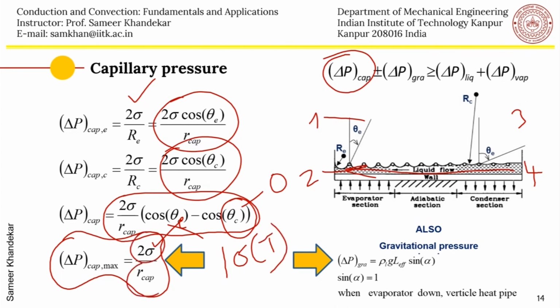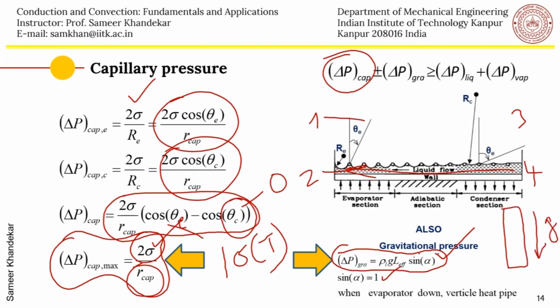Of course, sine 0 will be 0, so in the horizontal position there is no gravity. That is how the plus and minus sign will be taken care of by the sine alpha. These two are the left hand side of the equation. So plus minus will automatically come when alpha is properly defined with respect to the vertical.